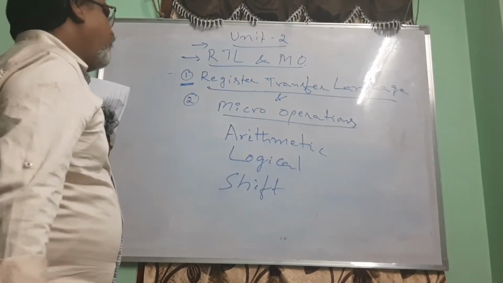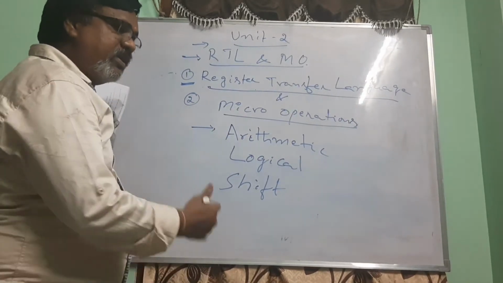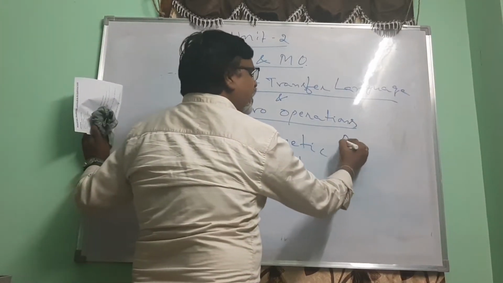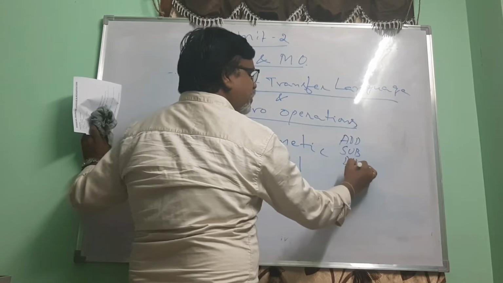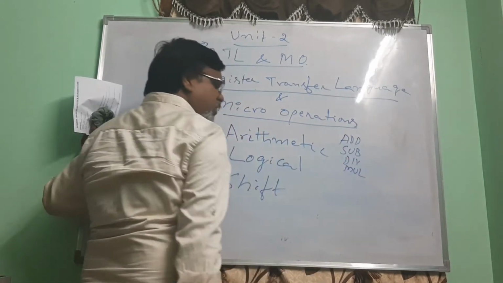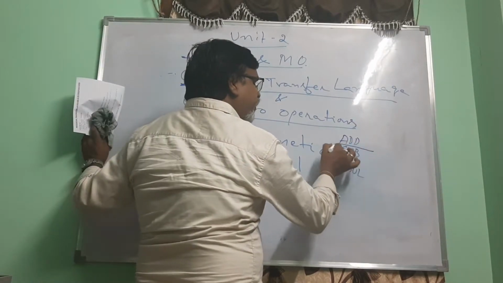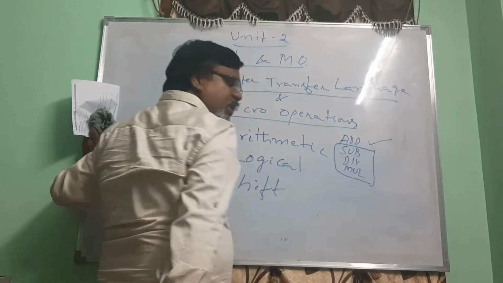Here you may have a doubt: sir, we already discussed arithmetic in the first unit. What are the arithmetic operations? Addition, subtraction, division and multiplication. But remember, for these operations the base is addition only.